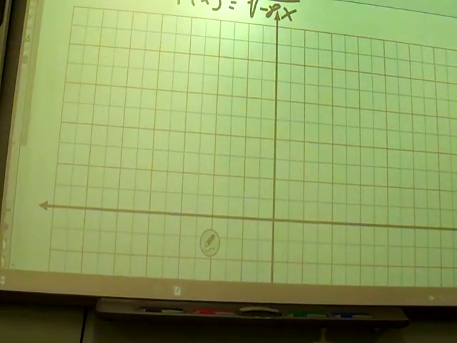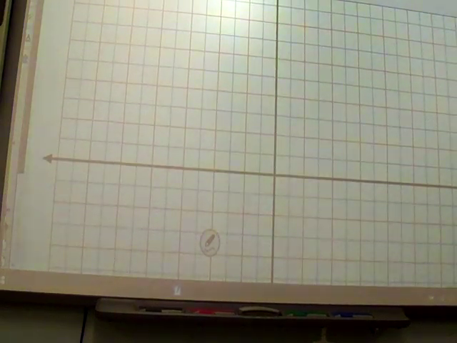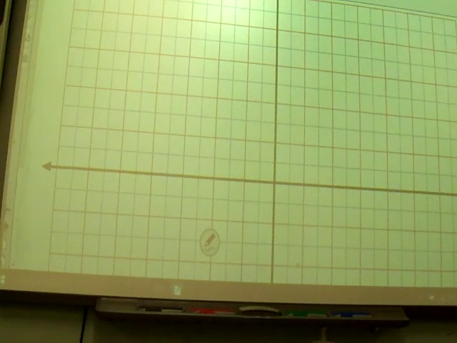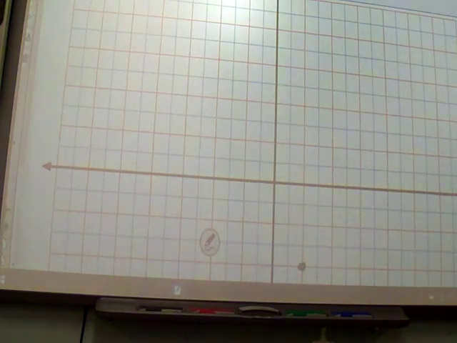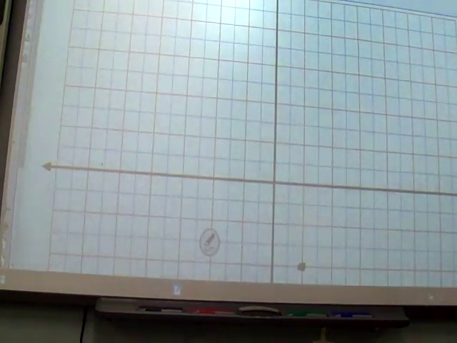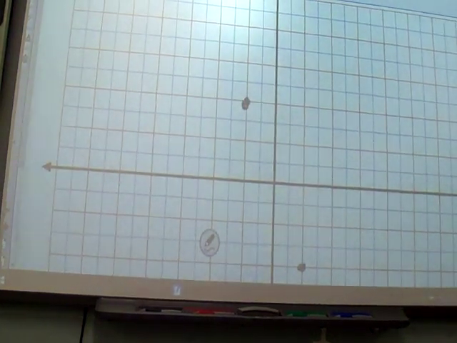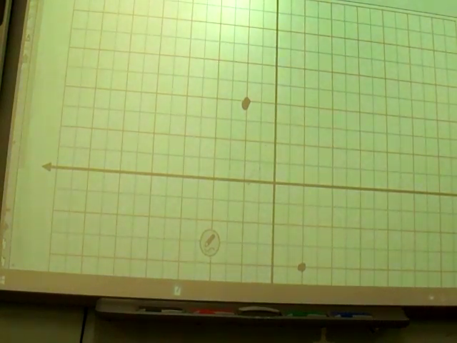All right, Chloe, give me just 1 point I can plot. 1, negative 2. Okay. Hunter, give me another point I can plot. Negative 1, 2. Grant, give me a point I can plot.